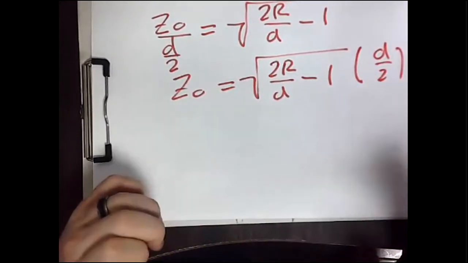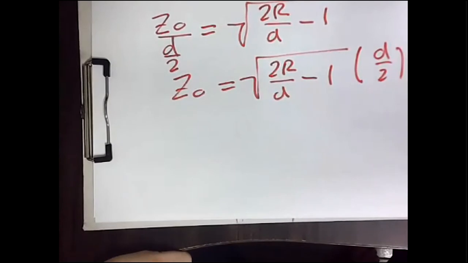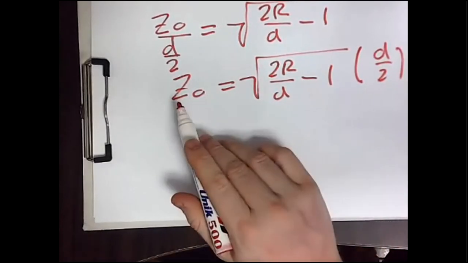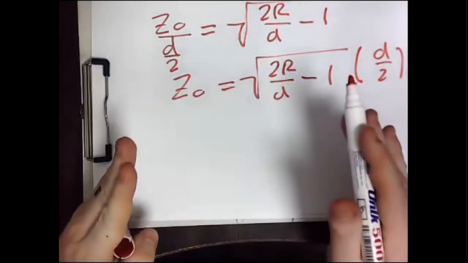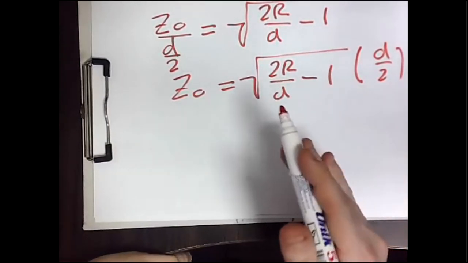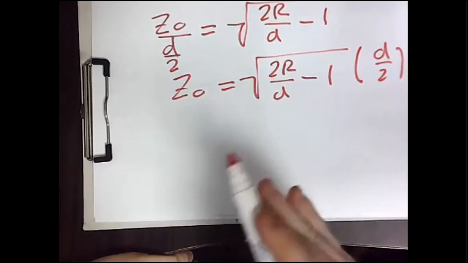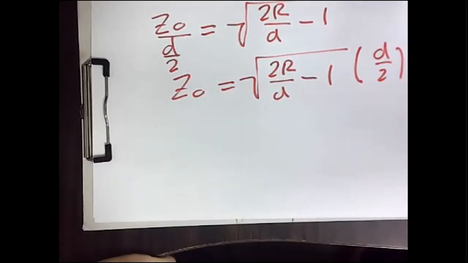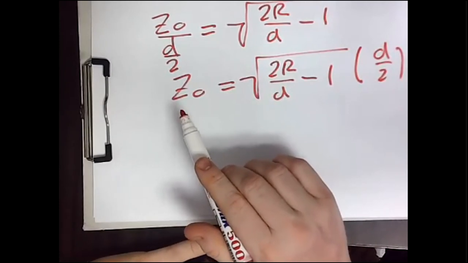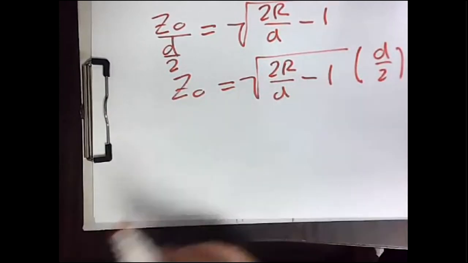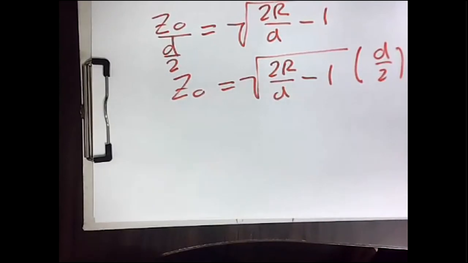Again, why are we doing all this mathematics? Z node is a distance. If you remember, Z node is the distance at which you lose 50% of your intensity. So logically, Z node should be a real number because it's a distance.